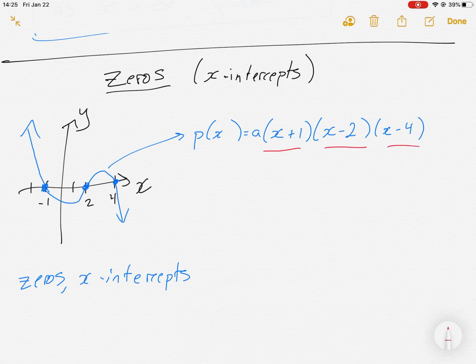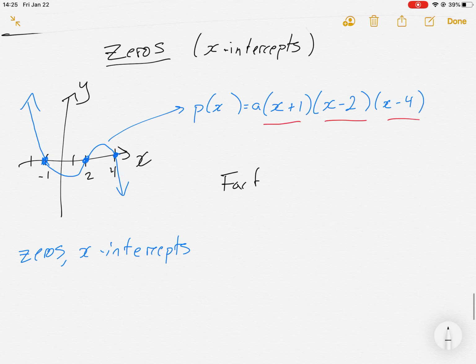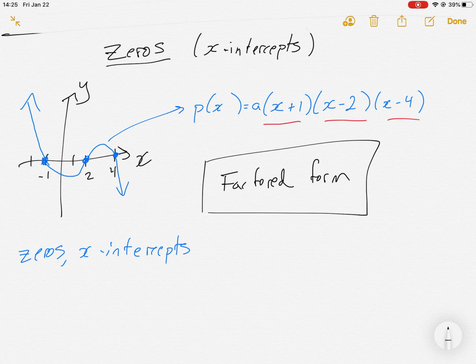And this is called the factored form of a polynomial. For the most part, we'll be dealing with factored form in this video, and I expect you to give your answers in factored form most of the time as well, rather than standard form.